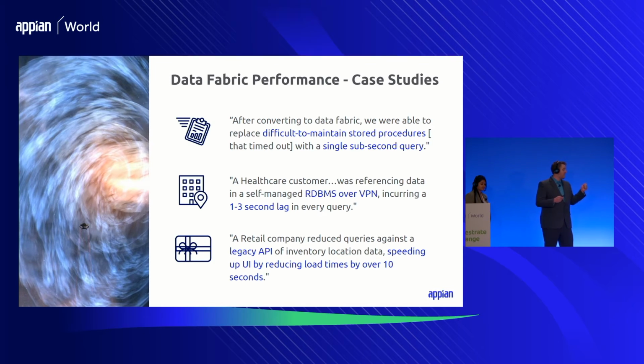Now, the third example is very similar. In this case, again, a lag, this time introduced by an API. And I want to take a break and just note that for a lot of you who deal with APIs, we're talking about performance, we're talking about speed, but we're also talking about reliability, right? Sometimes these things fail, they're not ready. We don't want to rely on that for the end user.